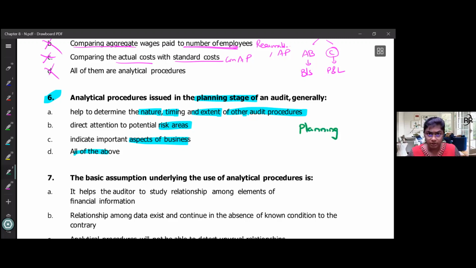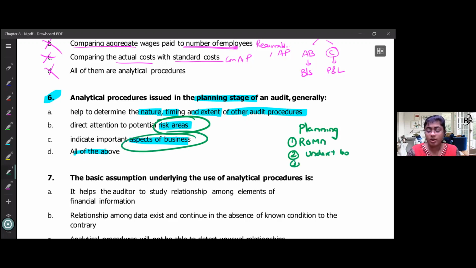We have not started. If you do comparison, you can identify and assess ROMM risk. Once you identify and assess ROMM, you obtain more understanding of the business. Where ROMM is high, risk is high, to decide NTE of procedure. So in the planning phase, it helps in all of the above.